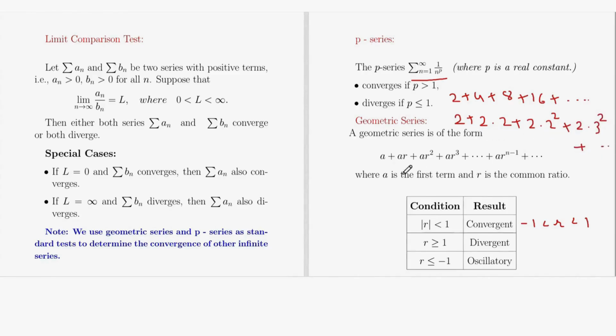Now compare this with the given form: a, a into r, a into r square, a into r raised to 3, and so on. So for my given series, a is equal to 2, and r is also 2. r is the common ratio, and the ratio remains constant. From this table, r is greater than 1. If r is greater than 1, then we conclude the given series is divergent. That's why this geometric series is divergent.